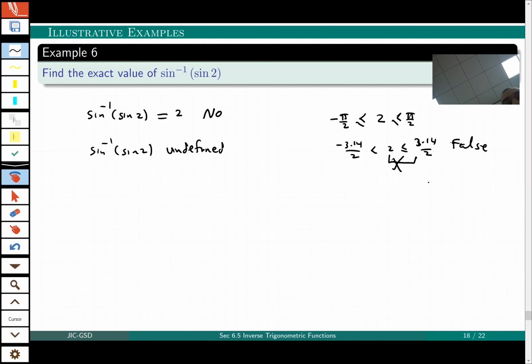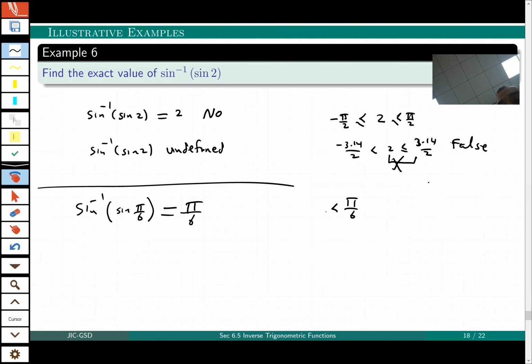When will it be true? When I have sine inverse of, let's say, sine pi over 6. Now, this is equal to pi over 6. Why? Because pi over 6 is between -pi over 2 and pi over 2.